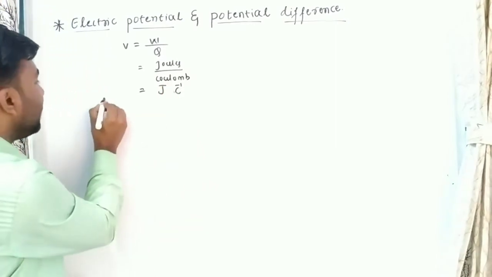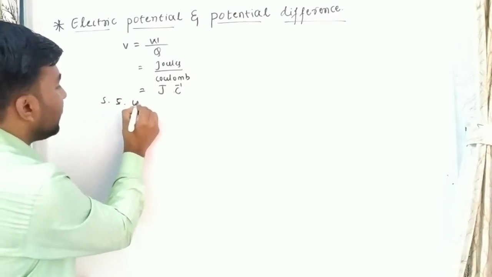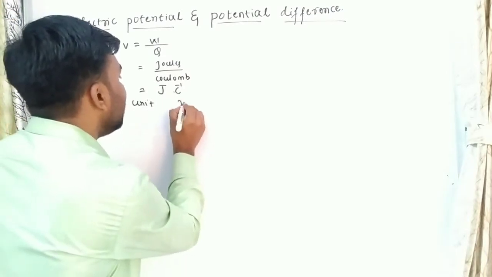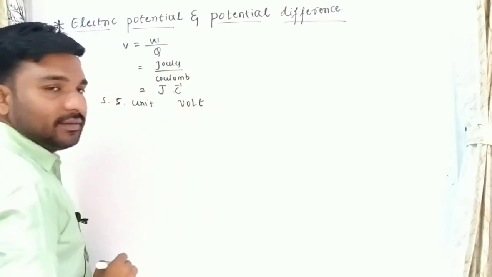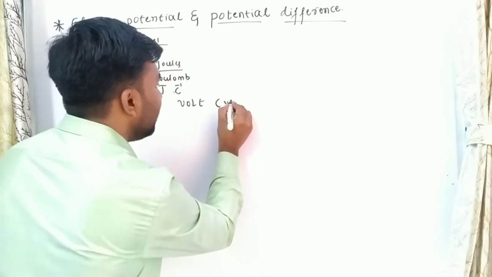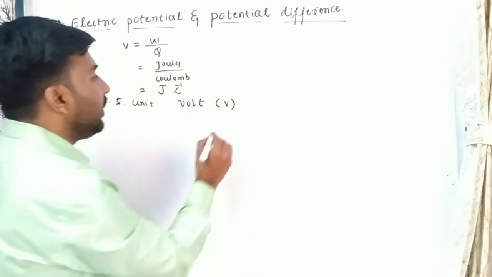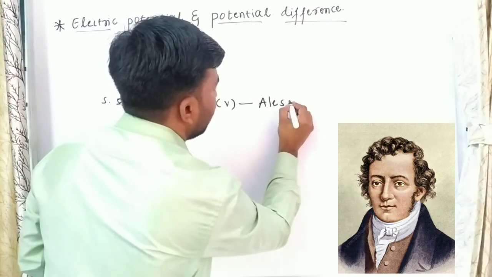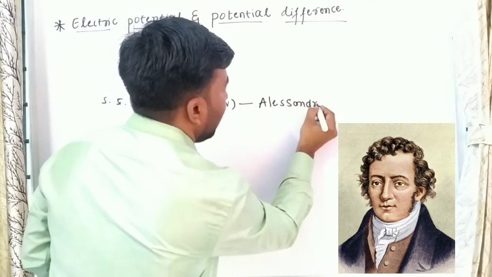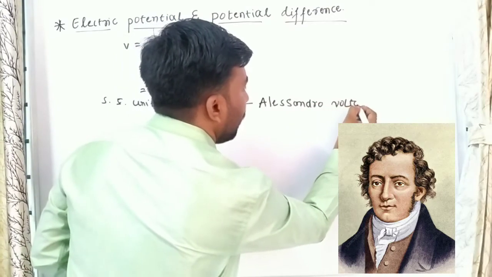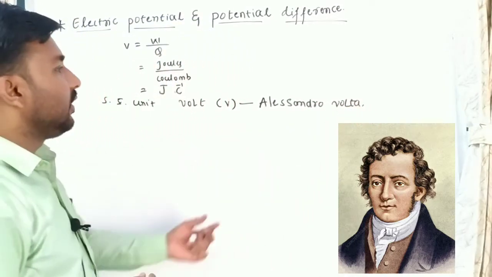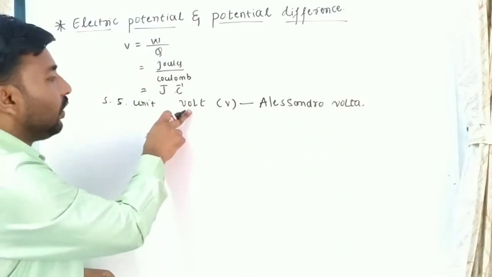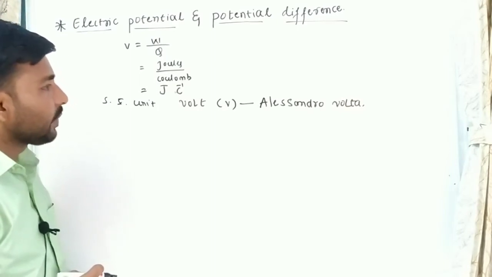But we have the SI unit. The SI unit for the potential difference is volt, represented by the letter V, in honor of the scientist Alessandro Volta.